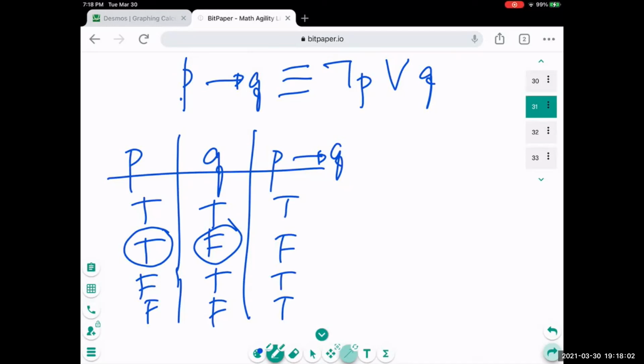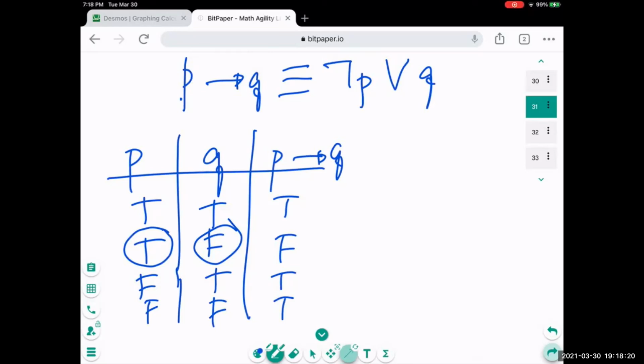So, tignan natin kapag kinuha natin yung negation ng P and yung disjunction ng Q would have the same result as this table, right?